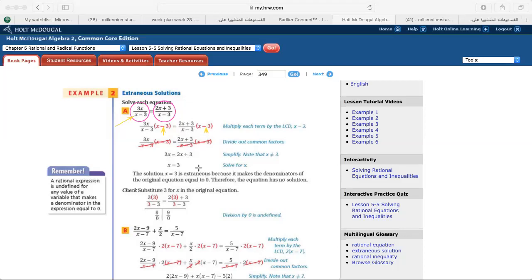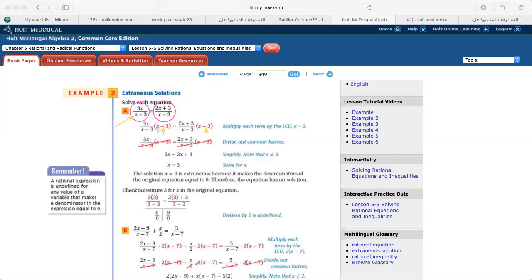By checking my answer. If I put 3 here, and 3 here, the denominator will be equal to 0. Have you ever seen in your life that the denominator is equal to 0? No, you haven't. You know why, girls?